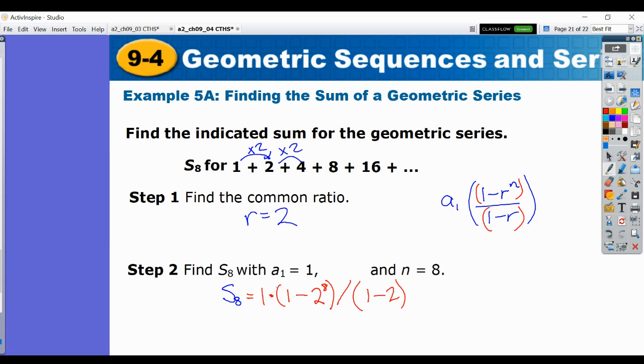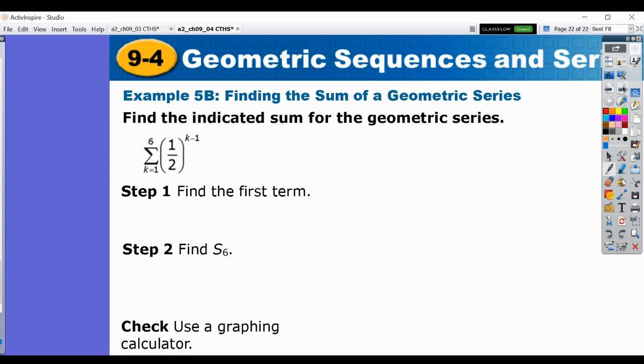You can subtract that in your head if you like. I got 255. So if I add up the first 8 terms, it would add up to 255. There is a second formula on your sheet, and that one, basically you have to have the first and the last and the common ratio, so I hardly ever use that one.